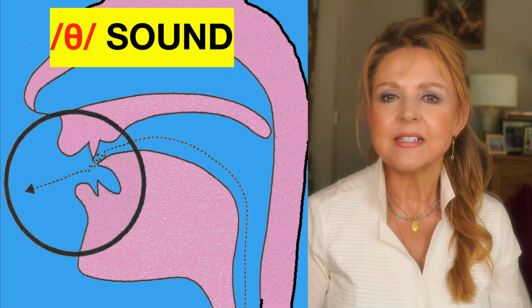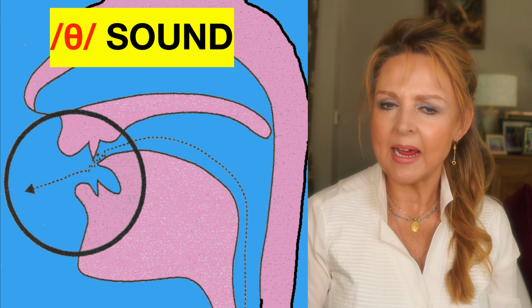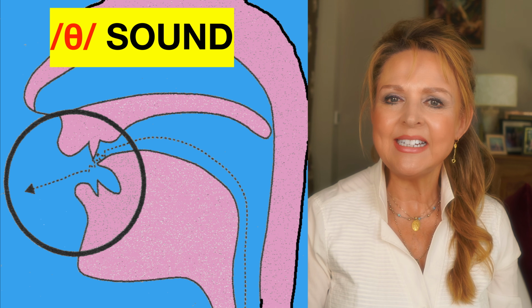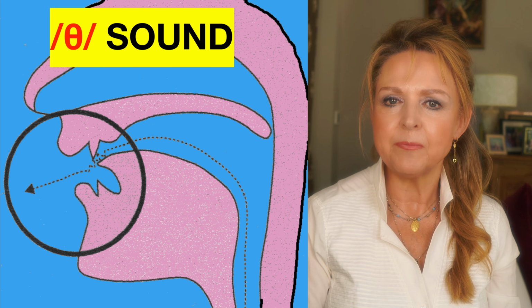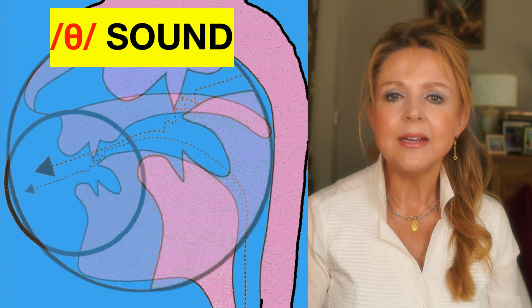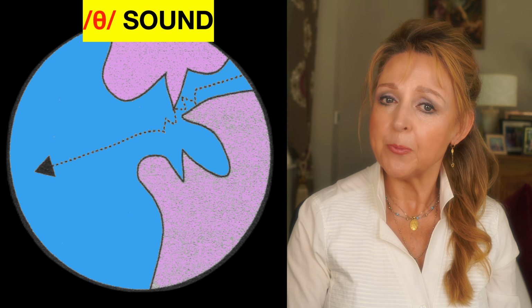To make the th sound in moths, for th sound, partially block the air with your tongue by lightly touching the back of the top front teeth to enable the air to leak through.